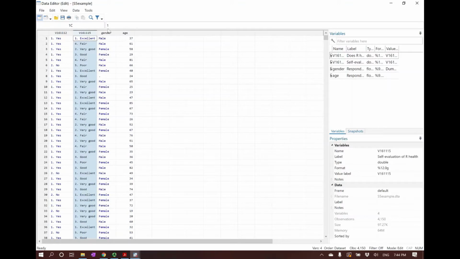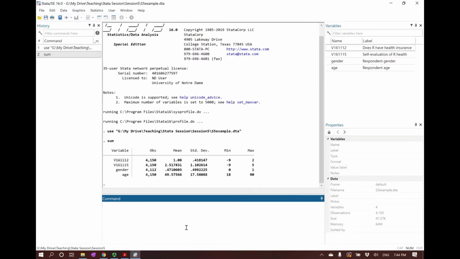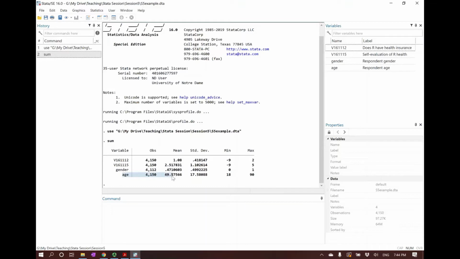We also have 3 categorical, or qualitative, variables. However, since the text of the 3 variables is already in blue instead of red, this means that all 3 variables are already encoded into a numerical form. So if you do a quick summary, you can see that age is a quantitative variable that takes values from 18 to 90.